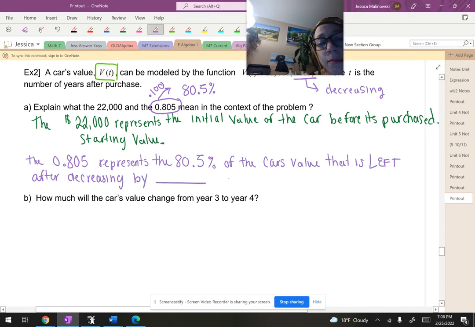We're going to fill that in. What percent each, and the time is year.